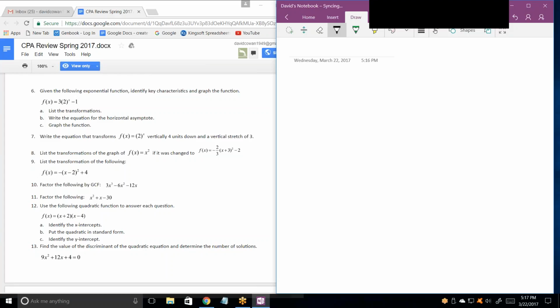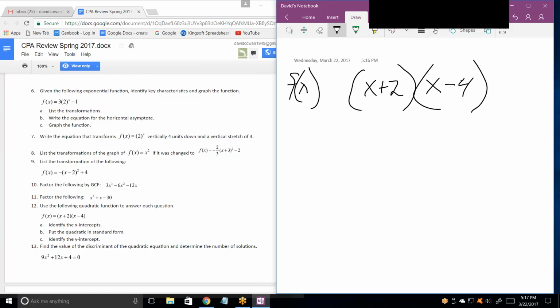Use the following quadratic. Now, this is a quadratic that has been factored, first of all. And the only reason we know it's a quadratic is because if we started multiplying it back together again, we'd see we have an x squared term, an x term, and a number. So that's why it's a quadratic.